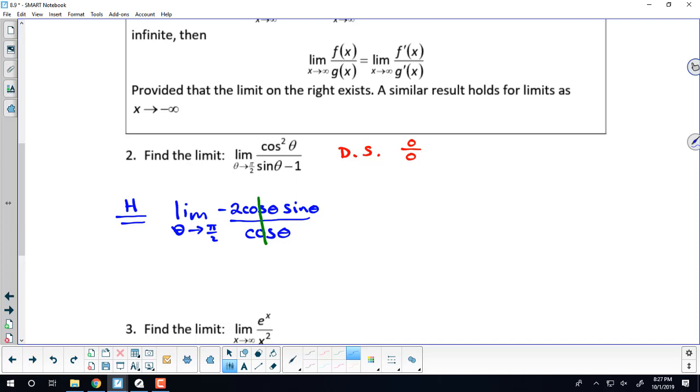But in this instance, it does give us something we can compute. Limit as theta approaches pi over 2 of -2 sine theta. So what do we get? -2. Okay.